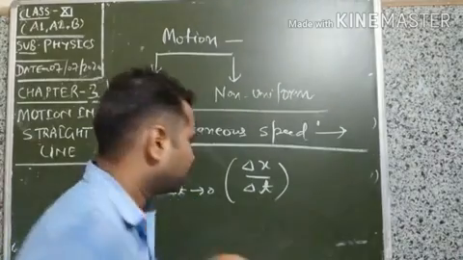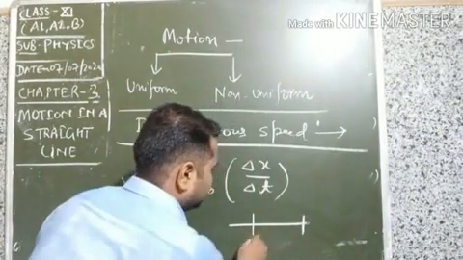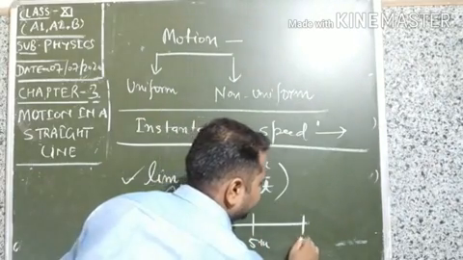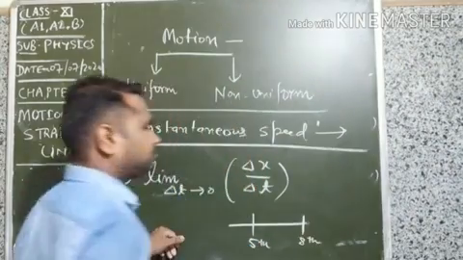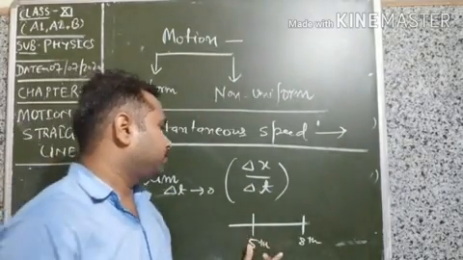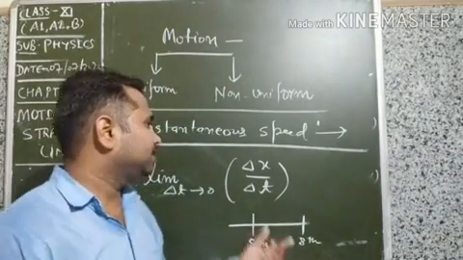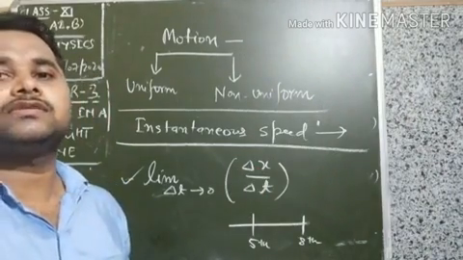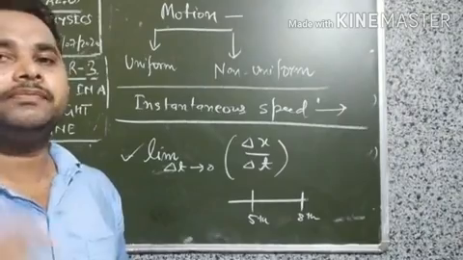ध्यान सुनो, suppose between 5th second and 8th second, the distance traveled is delta x. This is displacement. I think this is not visible on board. Now it is clear.